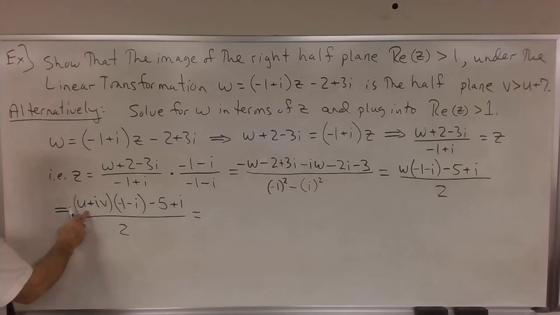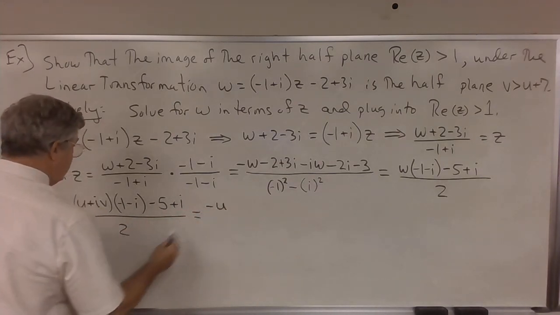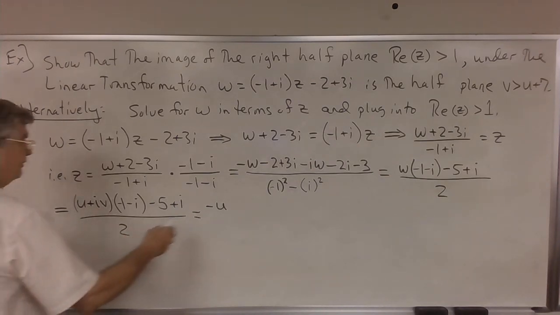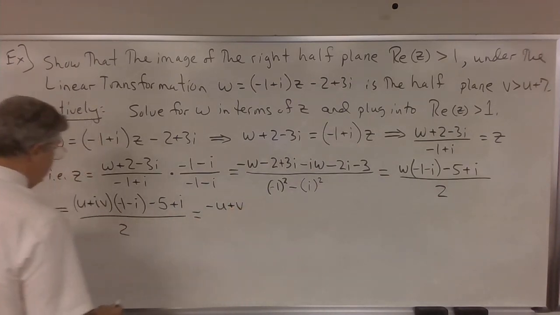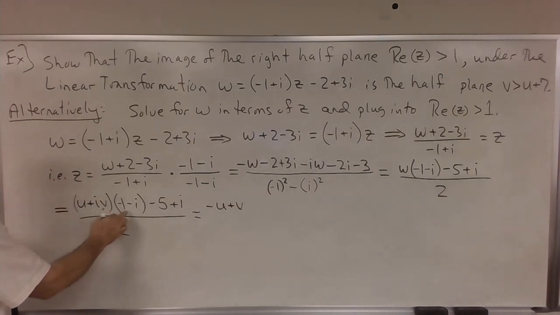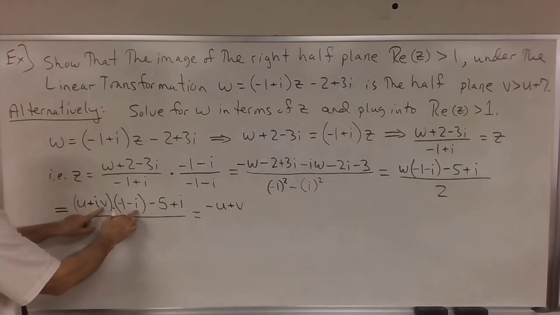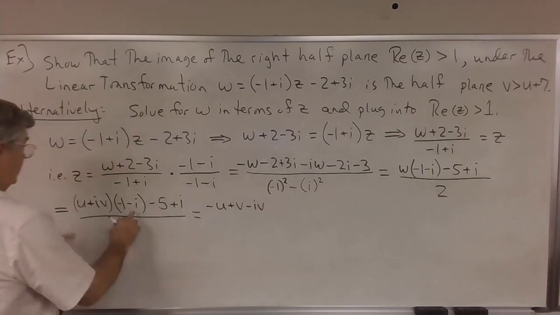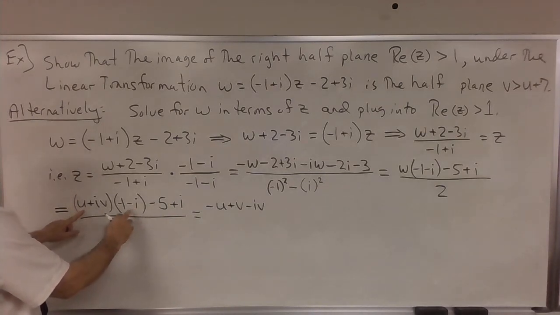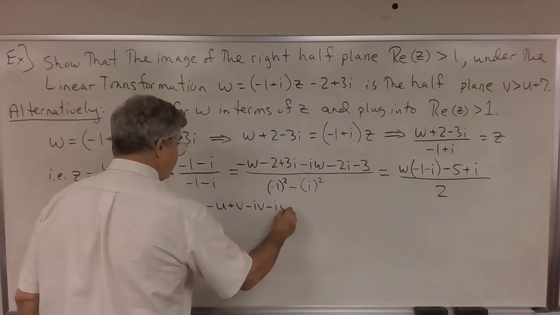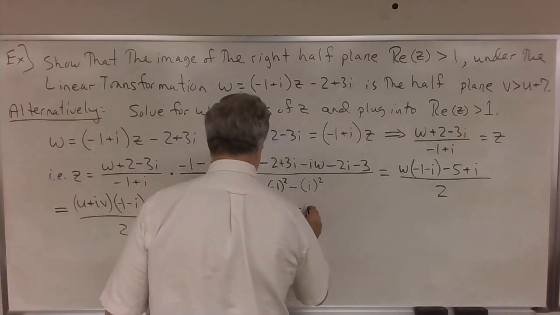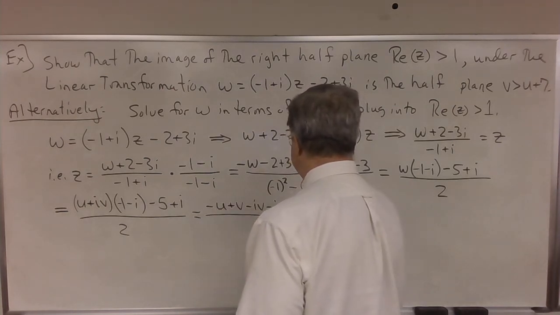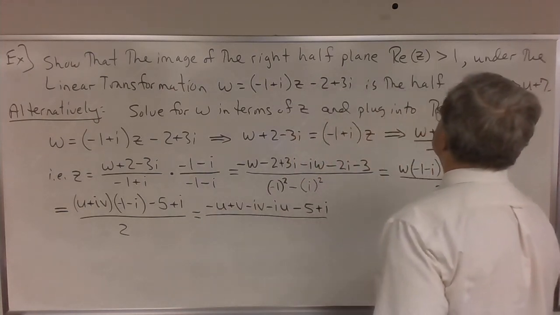And we get negative u, and negative i times i is positive 1, so we get plus v. And we get negative iv and negative iu. Minus 5 plus i. Okay.